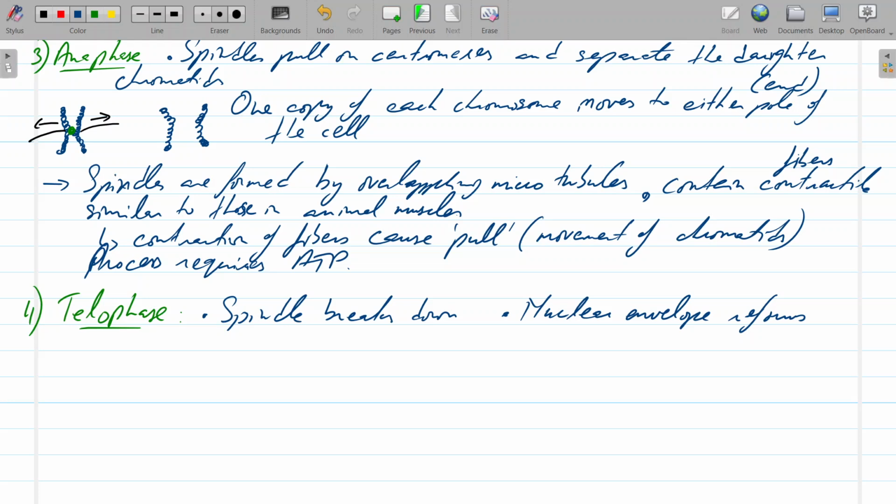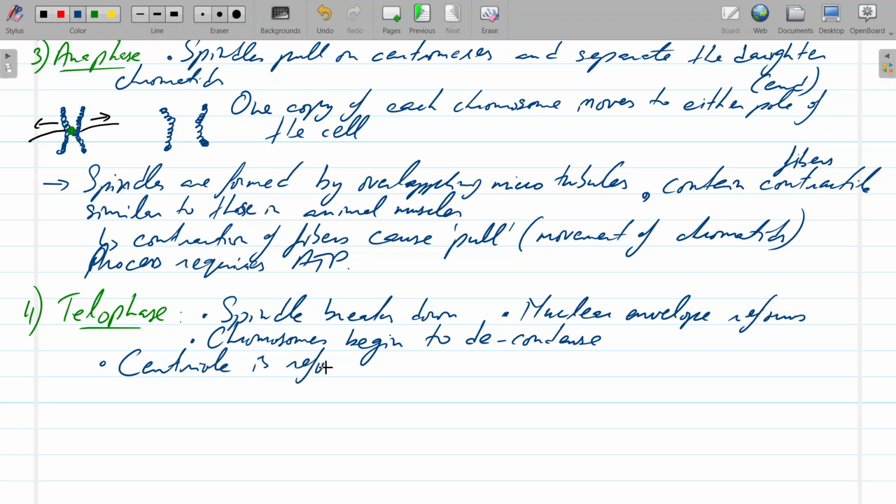And the chromosomes begin to decondense. And the centriole is reformed.